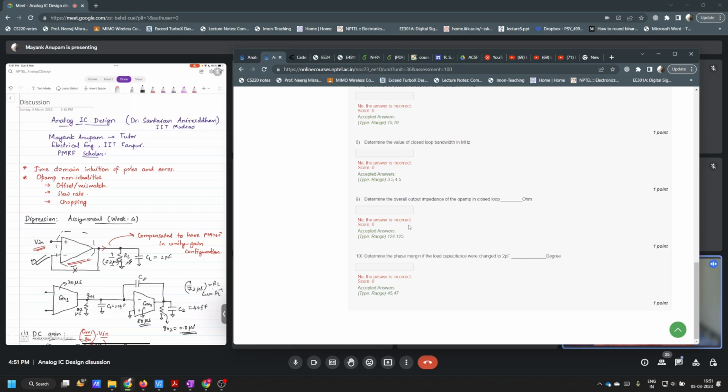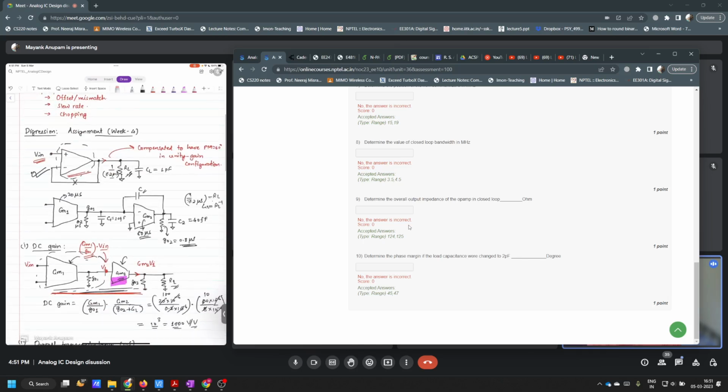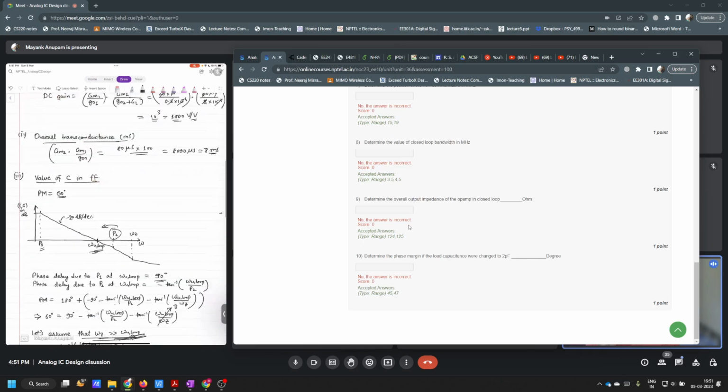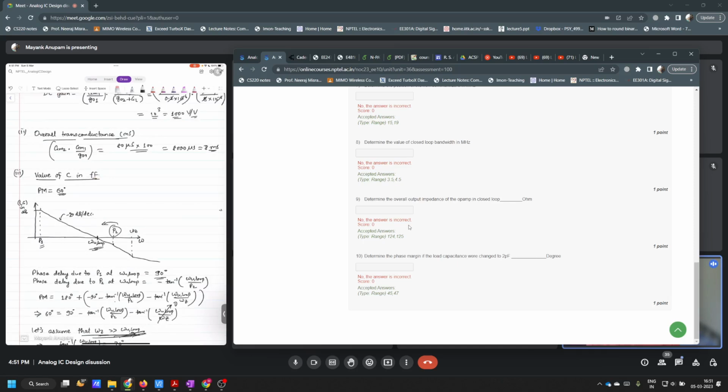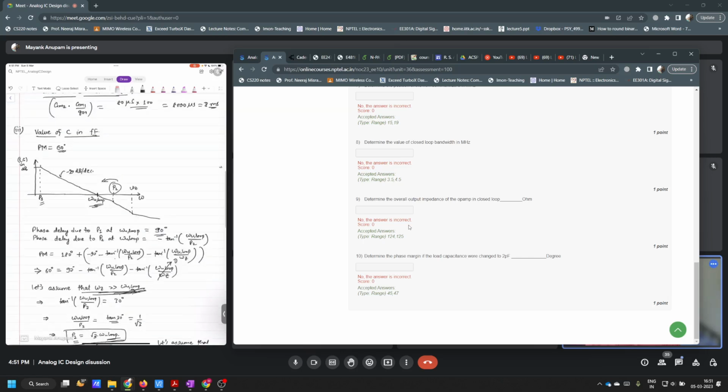Assume everything to be simple, make approximations, and calculate based on those approximations. After that, check one by one whether the values you get justify the approximation or not. If they do not justify it, you'll have to go back and do the calculation without the assumption. If they justify it, then you're good, right?